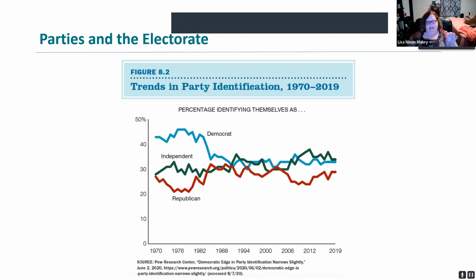The independents have stayed in the middle but also come up a little bit. That wavers, and a lot of it depends on what's happening in the political process, what's going on in the news, the state of the world. So it shifts a little bit.